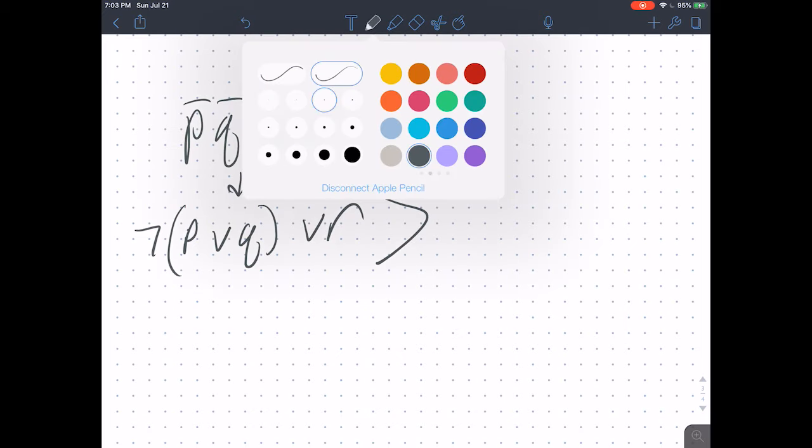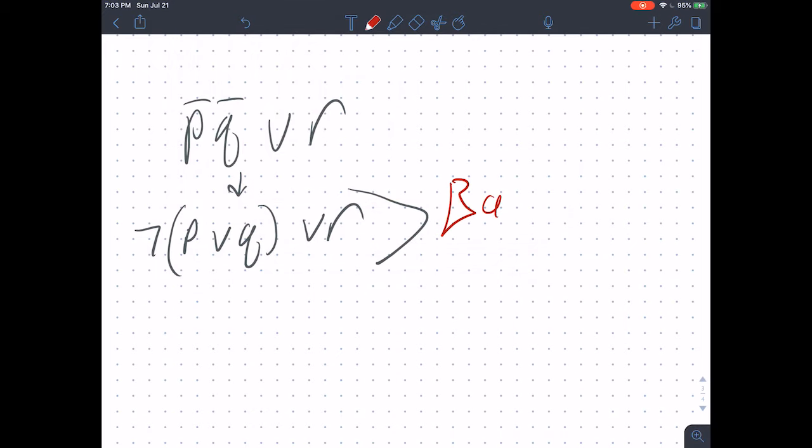It's a legitimate application of the law, right? But this has moved you farther away from getting to CNF. So you want to get rid of conditionals, you want to get rid of biconditionals, you want to use De Morgan's laws to get rid of the negated whole groups, so to get rid of the parentheses, right? And that's how you want to proceed.